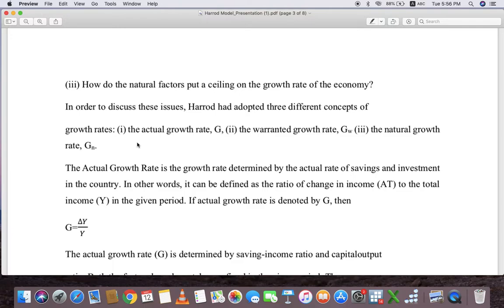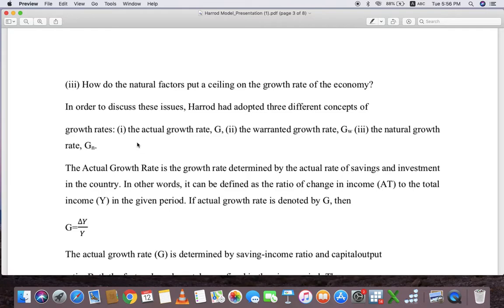Now, to discuss all these issues, first of all let us talk about three different concepts of growth rate which have been developed by Harrod. Firstly, it is the actual growth rate G, which is the growth rate determined by the actual rate of savings and investment in the country. That is, it can be defined as the ratio of change in income divided by actual income, that is delta Y by Y. This is called the actual rate of growth.